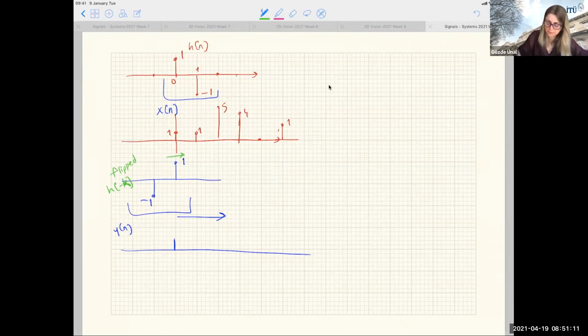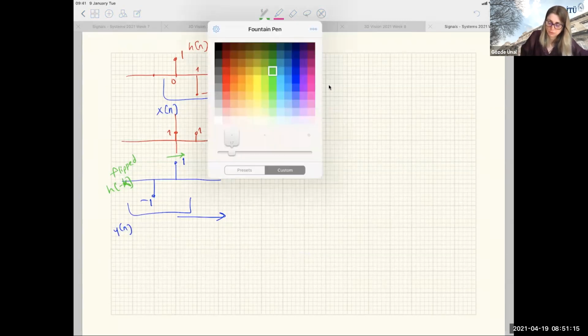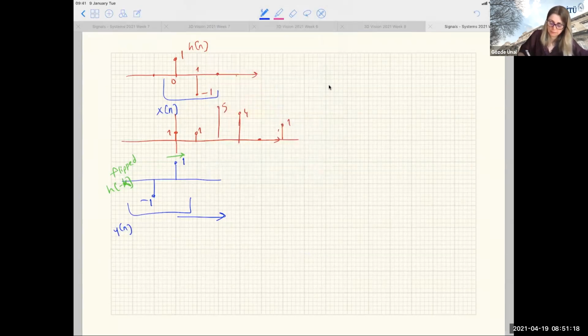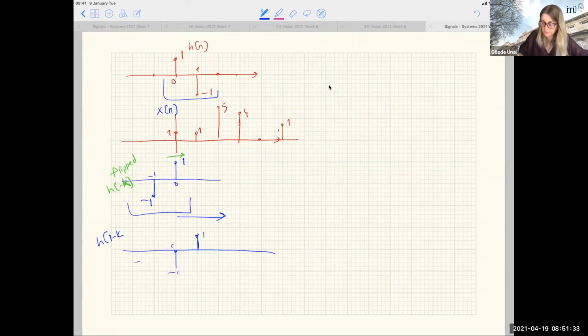So let's maybe shift it a little bit more just to see, not y of n, but h of 1 minus k. So I would need to put the filter now here, right? 1 and -1. So this was 0 and -1. Now this is 0 and 1. You see what I'm doing, right?